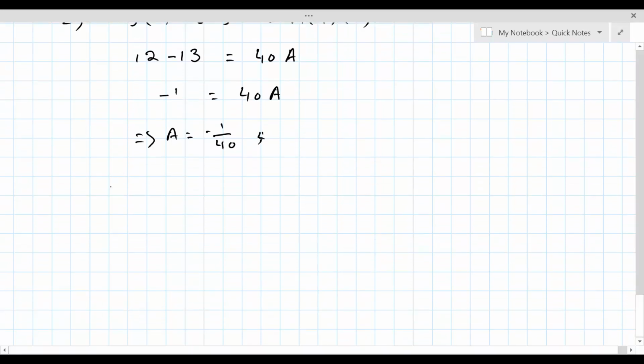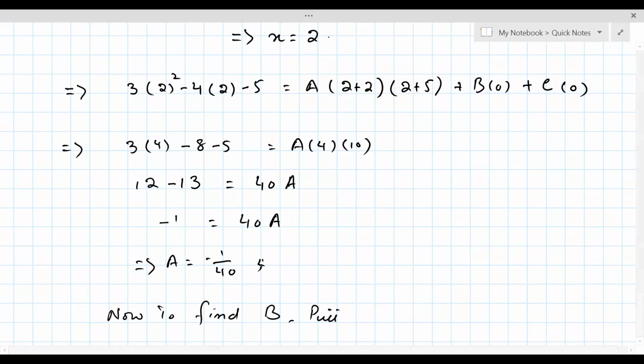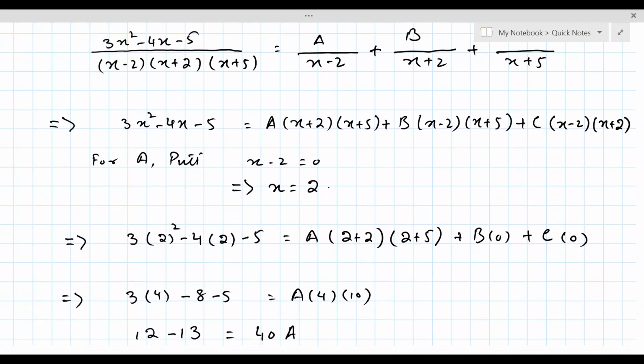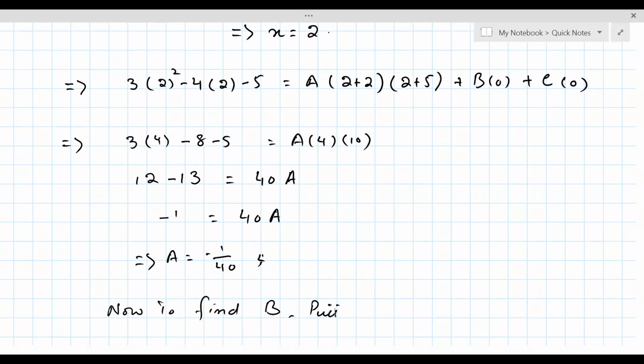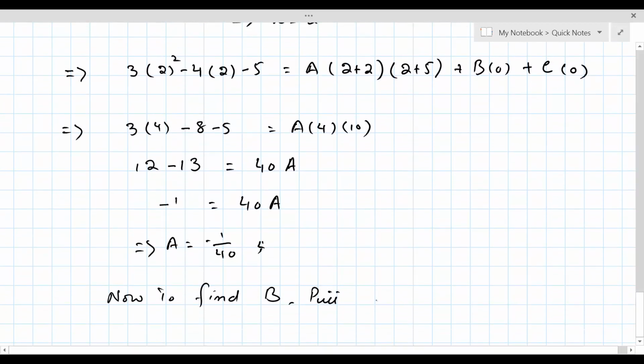Now to find b, put the linear factor below it equal to 0. What is the linear factor below this? It is x plus 2 equal to 0.